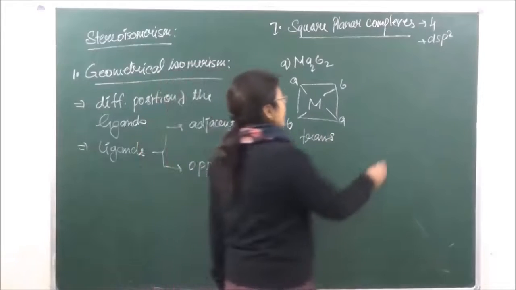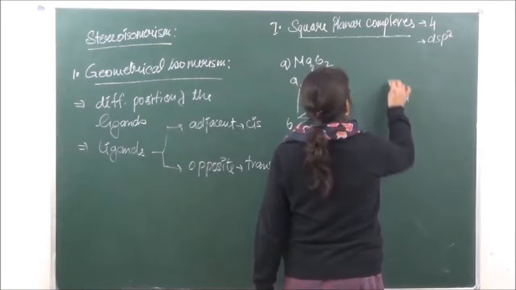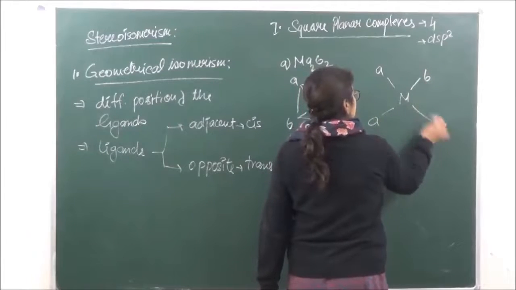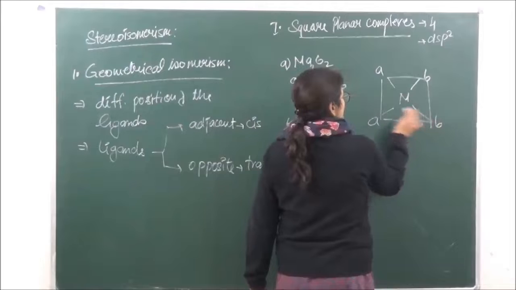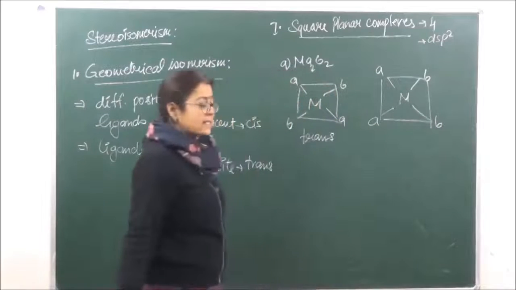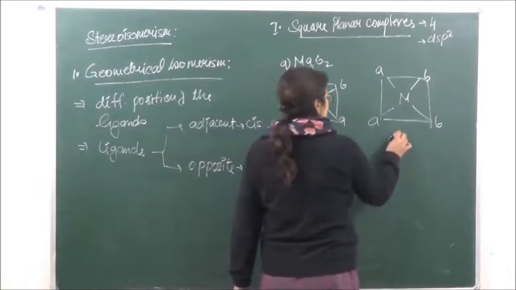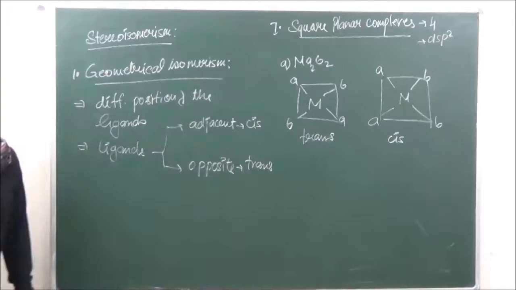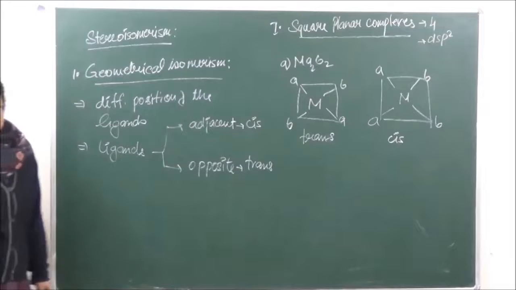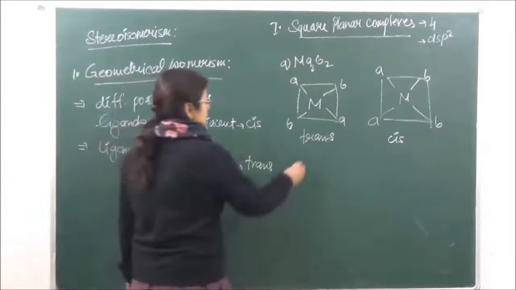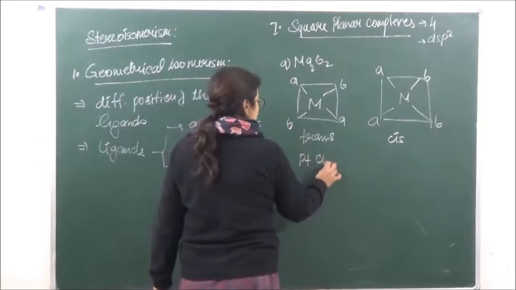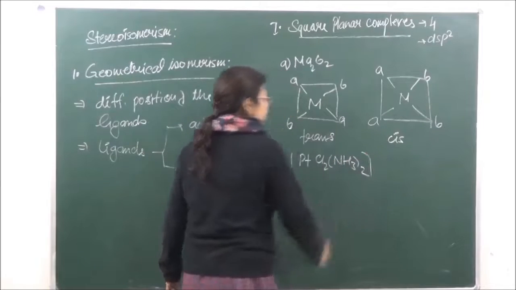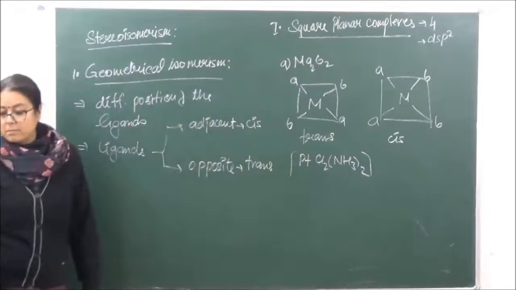And if a is at adjacent positions, as you can see over here, this type of isomerism is going to be known as cis isomerism. Right? We are taking an example of a square planar complex of platinum.